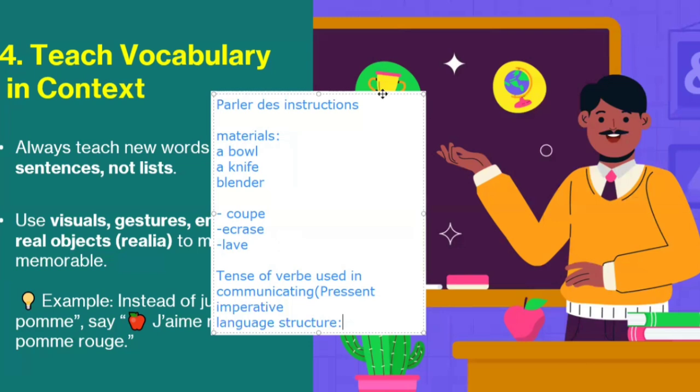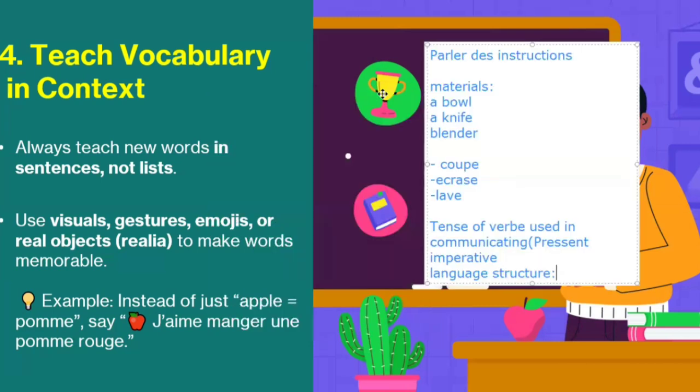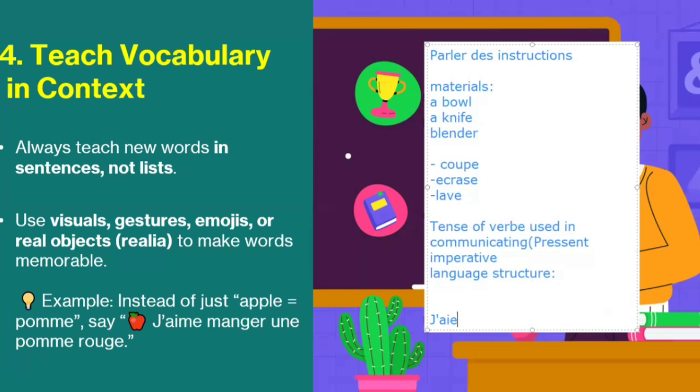You see? So the language structure helps them to understand how to communicate instead of giving them a bunch of words. Or you want to teach them how to say, I like to eat. You can say, j'aime manger plus fruit. You see, this will help them to say what they like to eat. Do you understand?